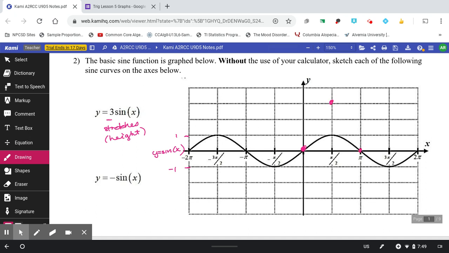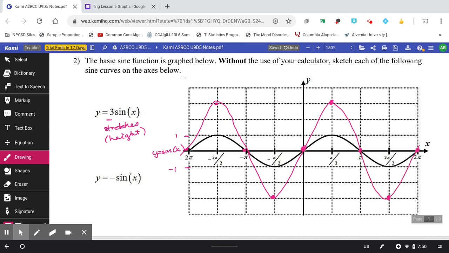And 0 stays at 0. -1, 3 times -1 is -3, and then back to 0. And the same thing on this side. So you don't actually need a calculator to do this once you understand what is happening with these curves and with what kind of transformations are going on.